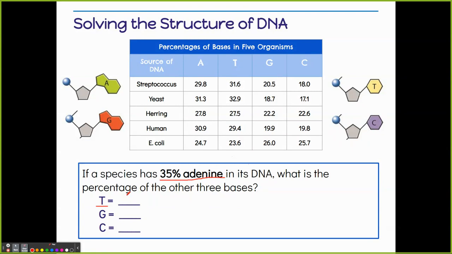Go back to the rule. What is the rule between A and T? They have to be what? 35. It's going to be 35 because they have to be the same. A and T are the same.